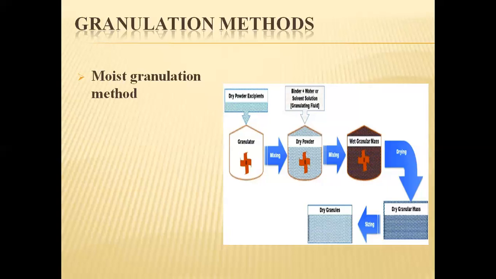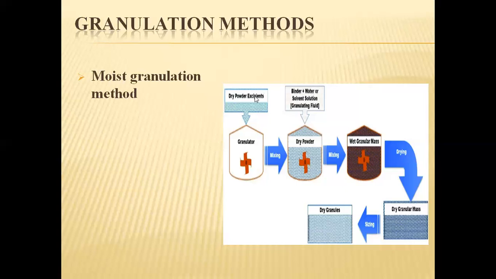After completion of drying, the granular mass is collected back and passed through a sieve. Generally, sieve number 20 is used to get uniform size granules, and then lubricating agent and other volatile substances or the remaining part of disintegrating agents are mixed, and then the granules are ready to be compressed.